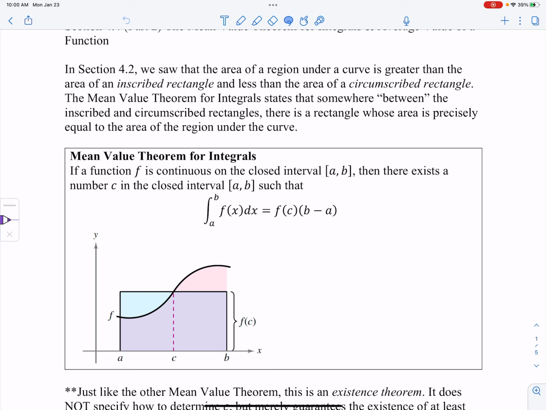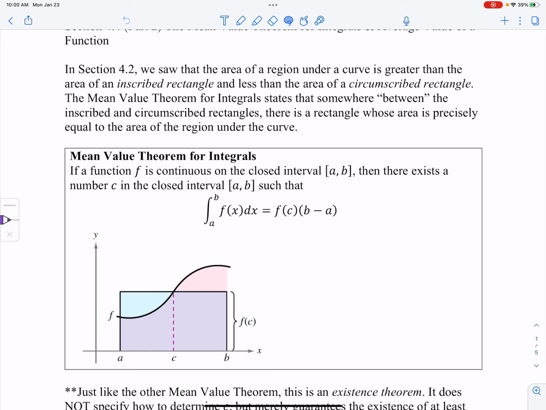So the inscribed rectangles give us the smallest area, depending on the number of rectangles that you're using. So if we thought about using one rectangle to estimate the area between the curve and the x-axis, and it was an inscribed rectangle, that would be the smallest area that you could use to approximate, right?